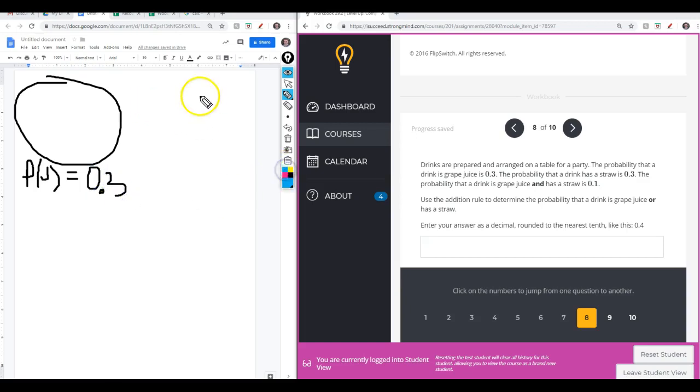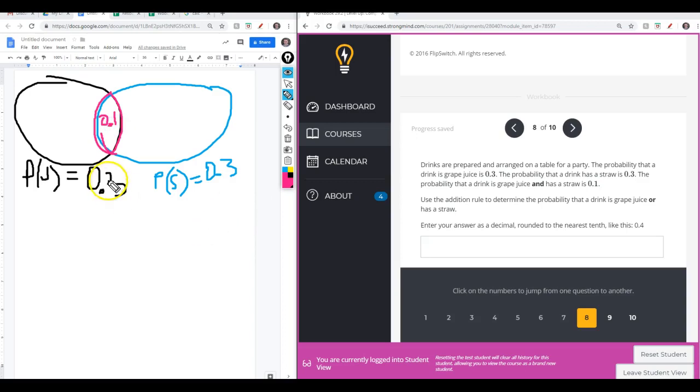The probability of it having a straw was equal to 0.3. And the probability that it was in this juice circle and had a straw, so was in the straw circle, was 0.1.